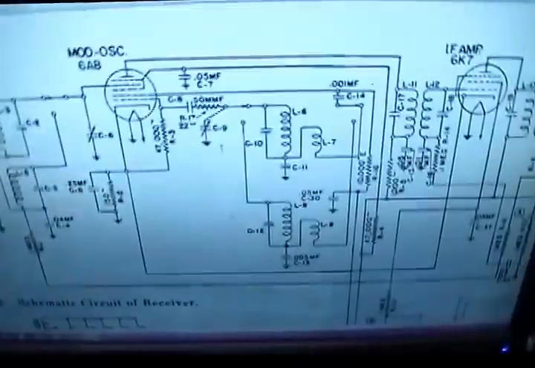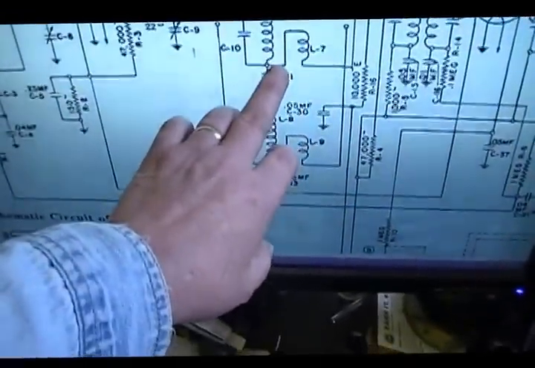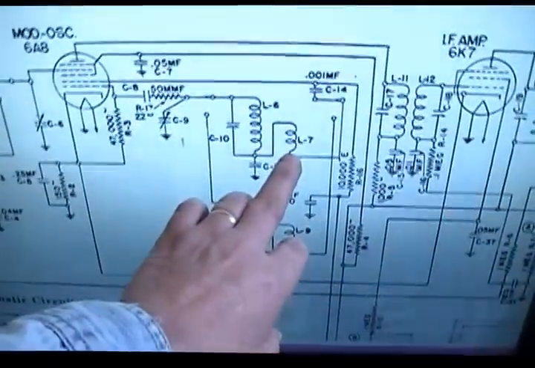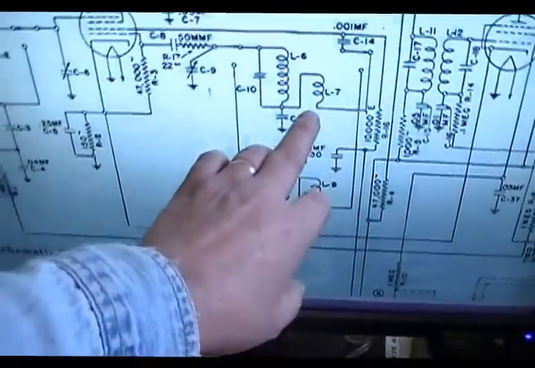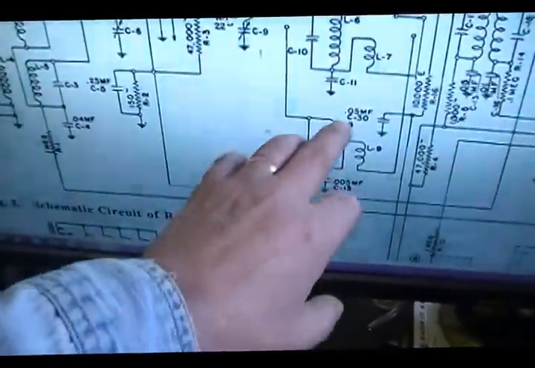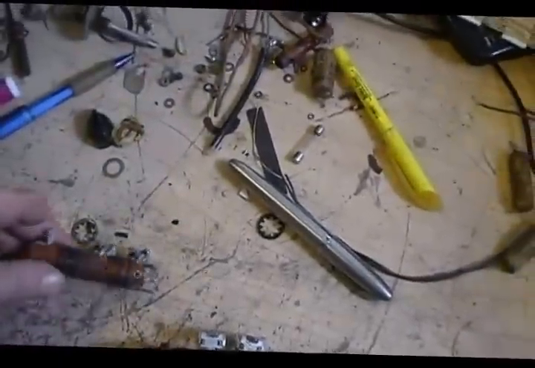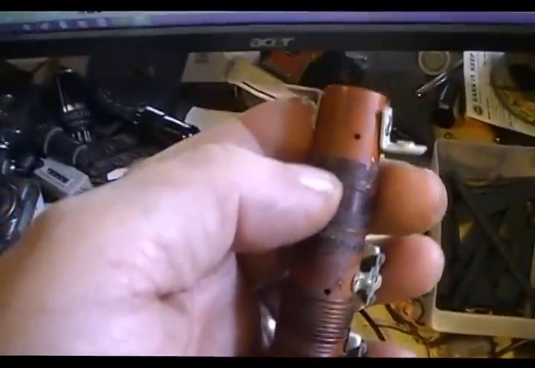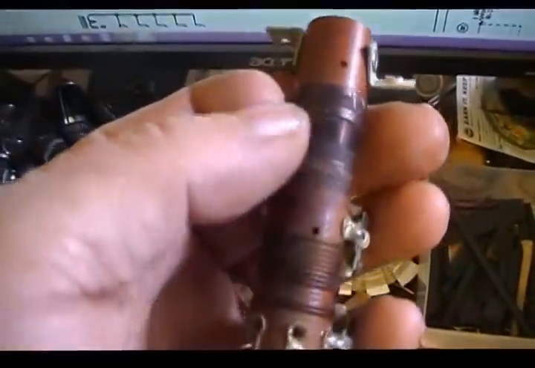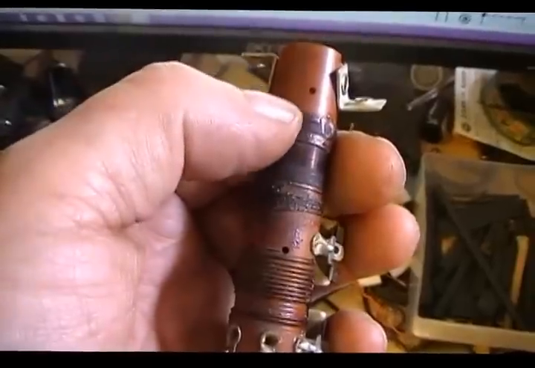What I mean by that is, what you're going to do is look for this end and this end of your tickler coil, which will have less resistance and less windings. You'll visually see it. You can see right here that's that little dinky coil, that is L7 on the schematic.